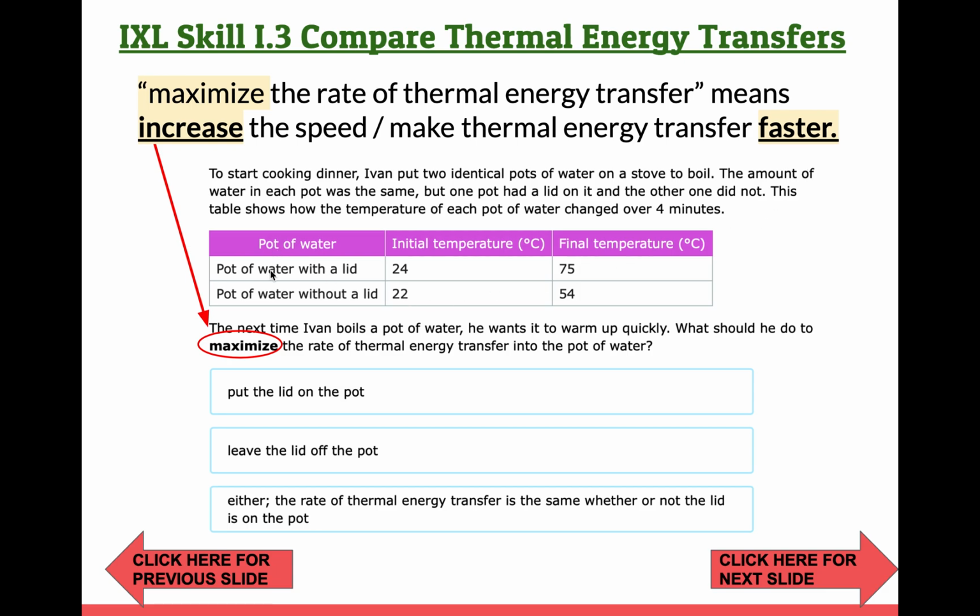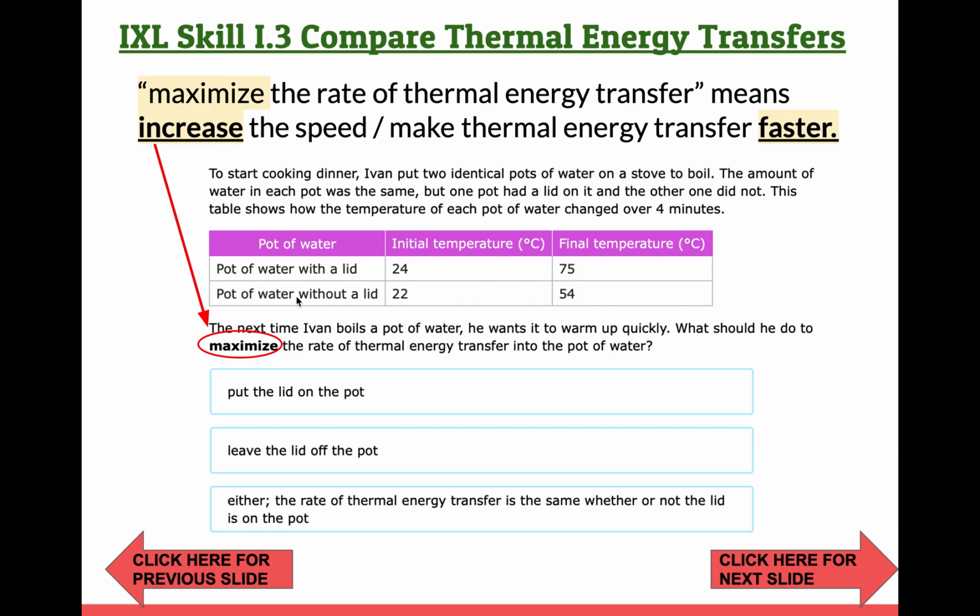So it says if he puts a pot of water with a lid, the beginning temperature is 24 degrees, and then the final temperature is 75 degrees. So if the water has a lid on it, then it's going to heat up really quickly to 75 degrees.